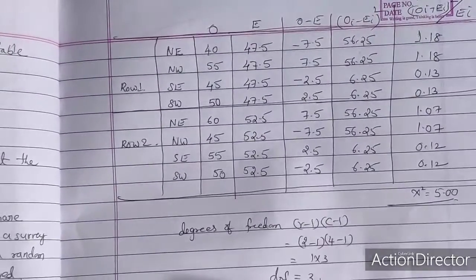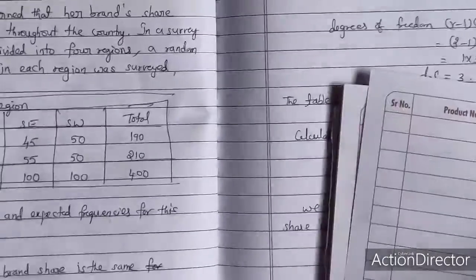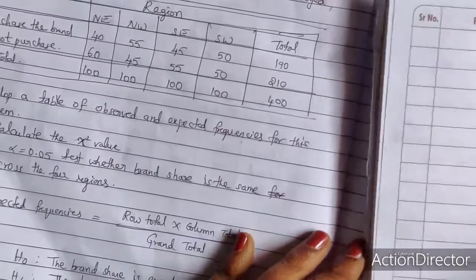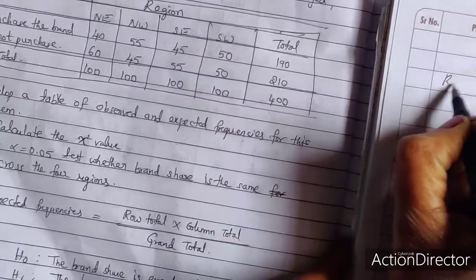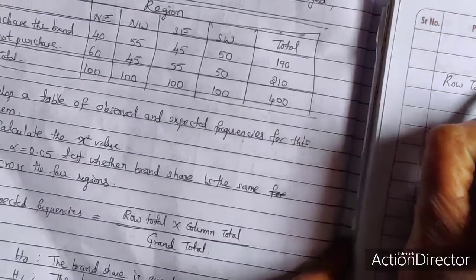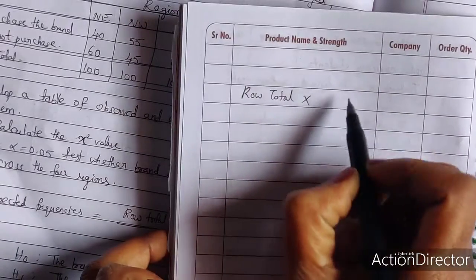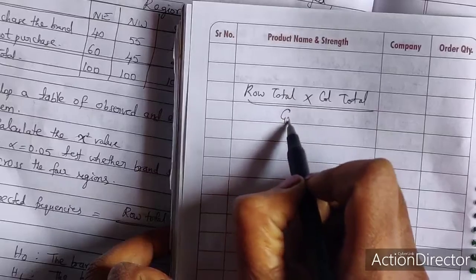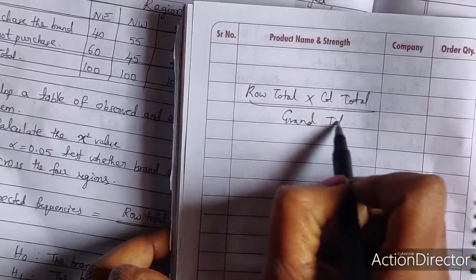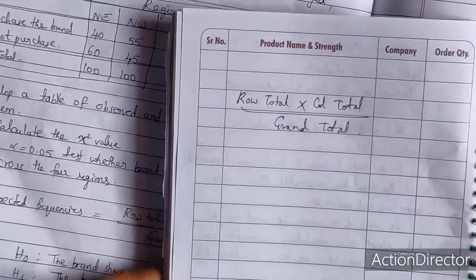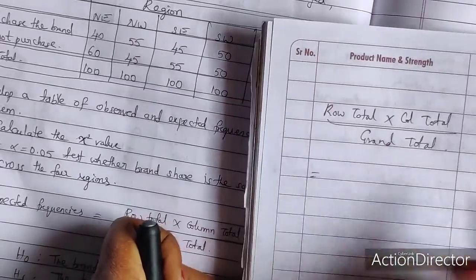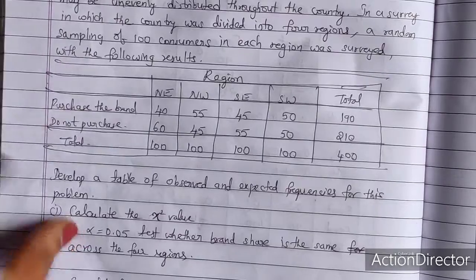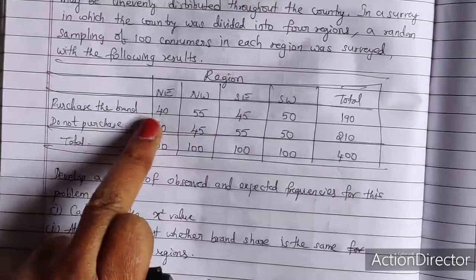So for expected frequencies, we have a formula: row total into column total divided by grand total. First we have to find it for Northeast, for row 1.